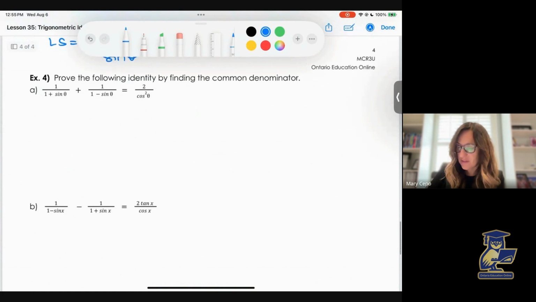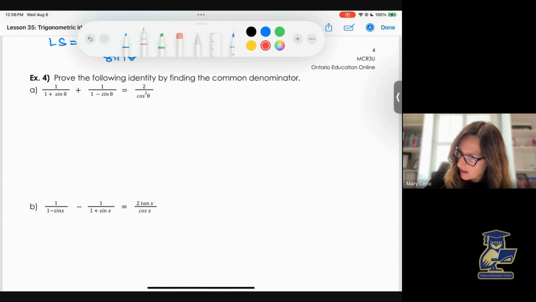Oh, wow. Okay, so looking at example 4, making it a little bit more complicated, we have prove the following identity by finding the common denominator. So it looks a little bit more complicated, but we still follow the same rules. In this case, if we're looking for a common denominator, of course, the lowest common denominator, just multiply the two denominators together.